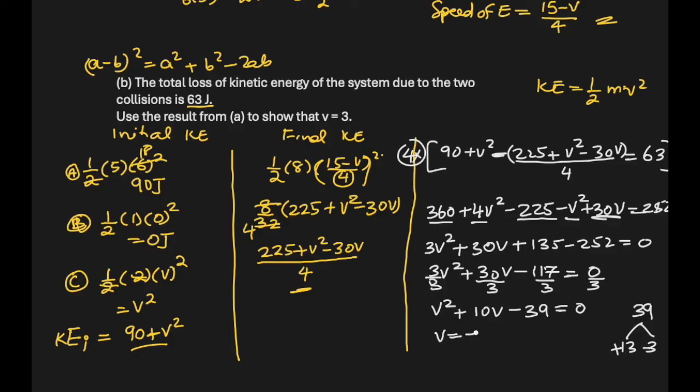So v equal to negative 13, it changes the sign of the root, and v equal to 3. These are the two solutions. This one is not possible, it's negative 30, it is not going in the opposite direction. v equal to 3 is the right one, and that's what we had to show, v equal to 3.